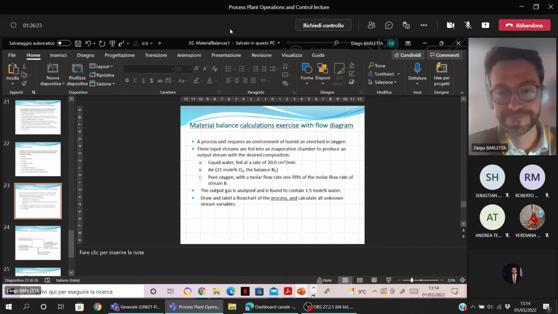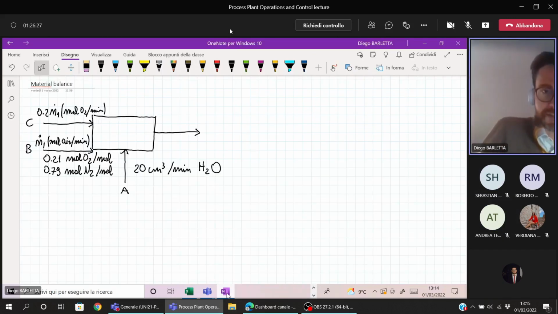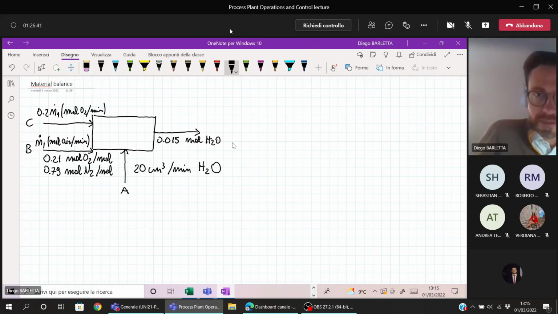Perfect. So we can write here 0.015 mole of water divided by mole.